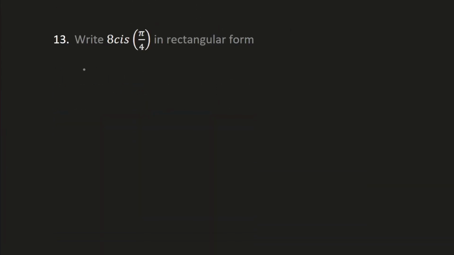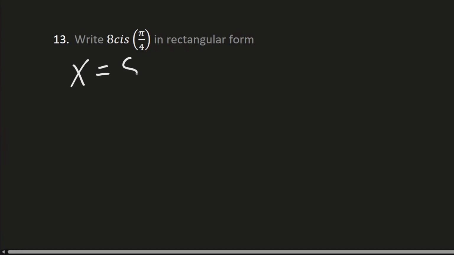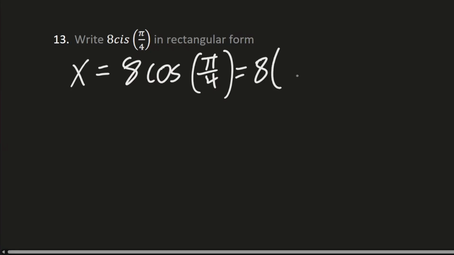For this question, our real part x is going to be equal to 8 times cosine of pi over 4, which is equal to 8 times the square root of 2 over 2. 8 divided by 2 is 4, so that leaves us with 4 square root of 2.